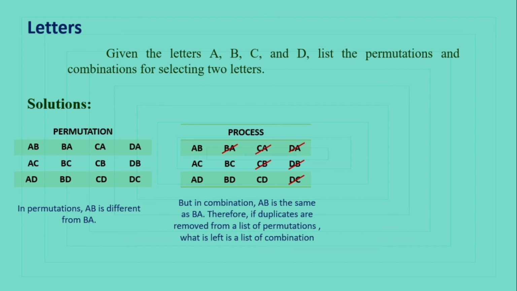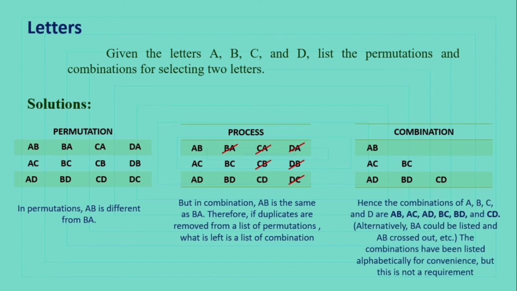Therefore, if duplicates are removed from the list of permutations, what is left is a list of combinations. We have AB, AC, AD, BC, BD, and CD as our combinations. Alternatively, BA could be listed and AB crossed out, and so on. The combinations have been listed alphabetically for convenience, but this is not a requirement.